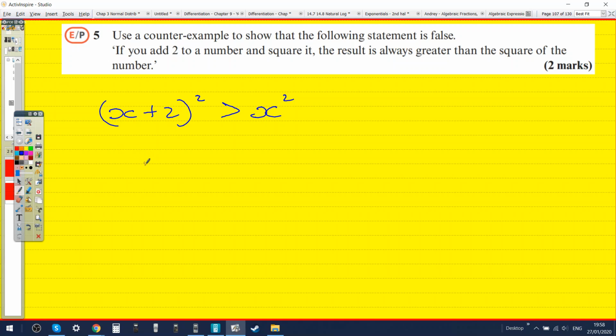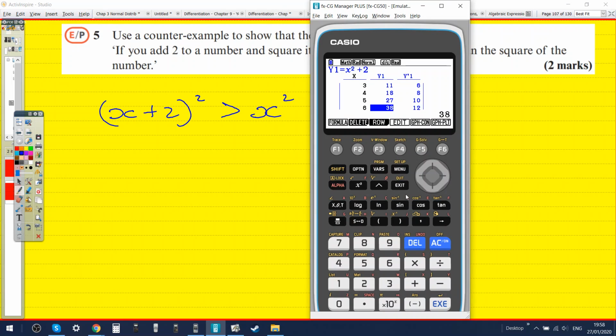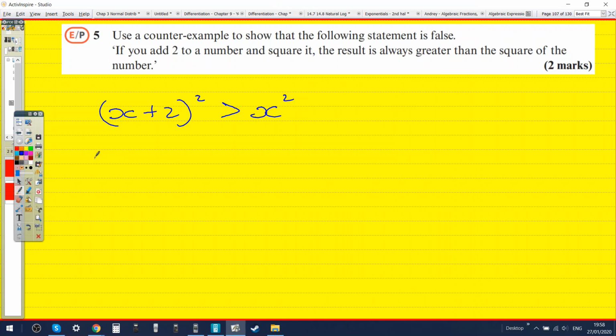Sure. So if you did minus 3 plus 2 squared, that would give you 1 squared, which is 1. Just do minus 3 squared on its own, that will give 9. That doesn't really work, does it?